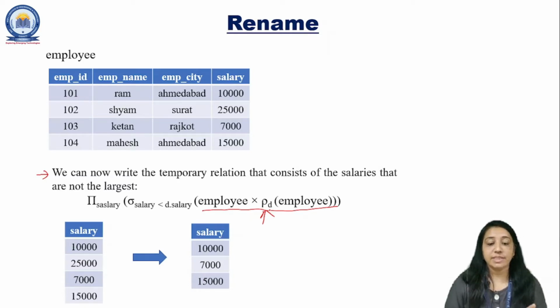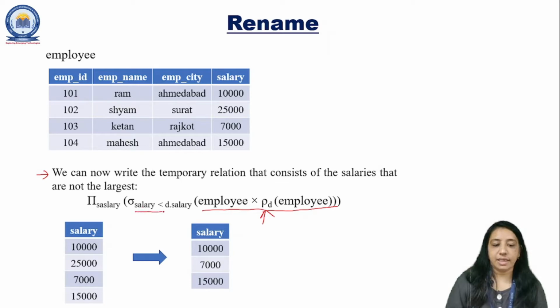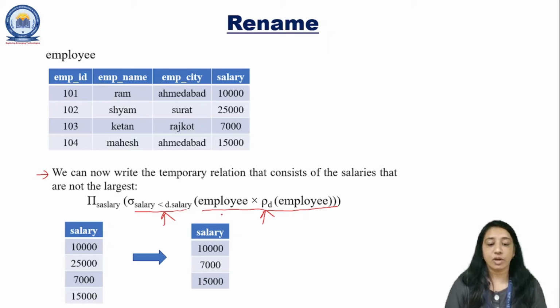That means d is another name for employee. When I write the condition, I need to differentiate the attributes because both have all the same attributes. Here I want to find out the salaries which are not the largest. So I write salary less than d dot salary. Salary means the attribute of the first table, and d dot salary means the right side table of the Cartesian product.